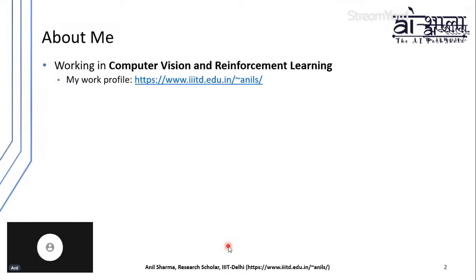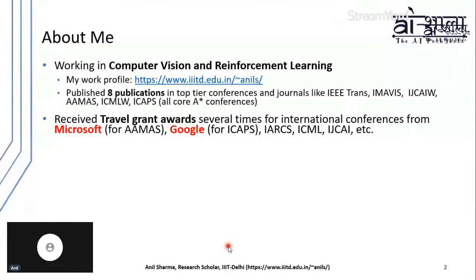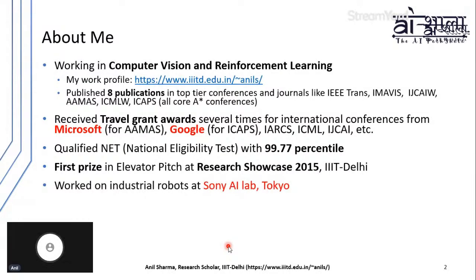In my PhD, I got a chance to have 8 top tier publications in various well-known journals and conferences. For my research, I have received several travel grant awards, including from Microsoft and Google as well. I have qualified the national eligibility test from the Government of India with a significantly high percentile, and I have received a few other prizes for my research. I have experience of working on industrial robots at Sony AI in Tokyo.